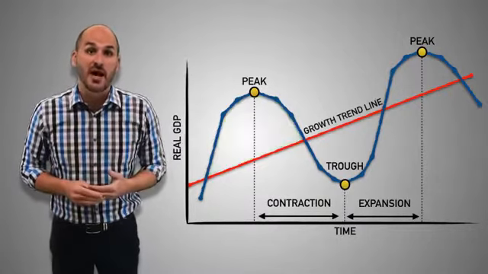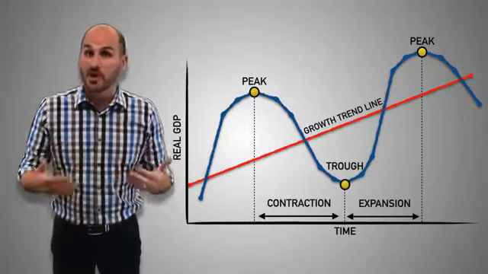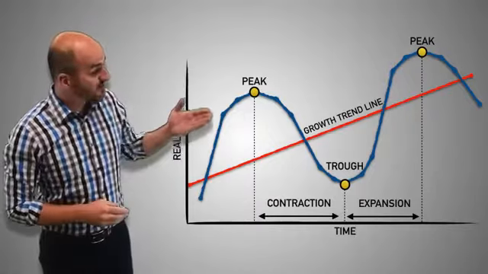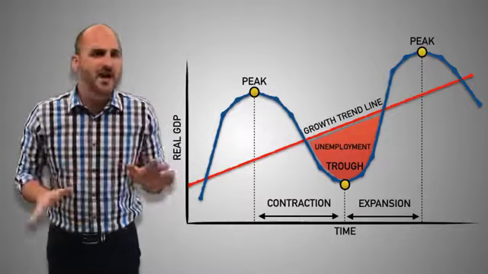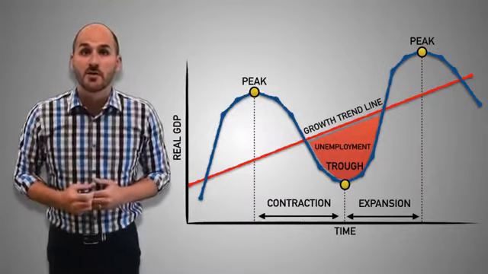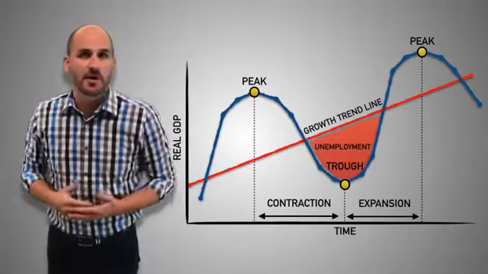When the economy contracts, the economy experiences excessive unemployment as jobs are lost when the economy shrinks. The level of excessive unemployment is visualized as the space between the trough and the growth trend line on our business cycle. A trough of any type means the economy is failing to satisfy the goal of preventing unemployment because excessive job loss is occurring because the economy is contracting instead of growing.